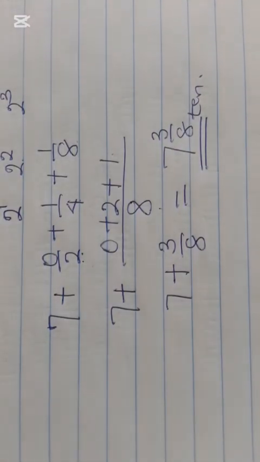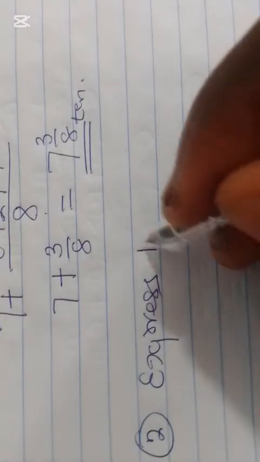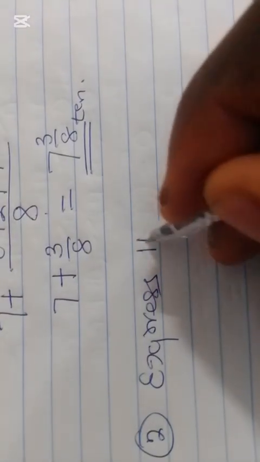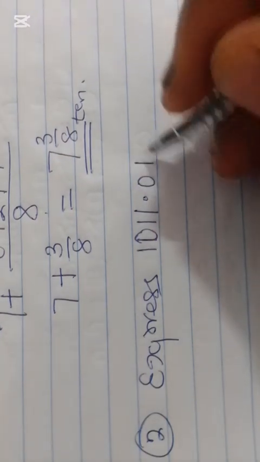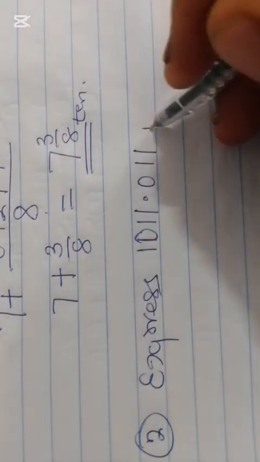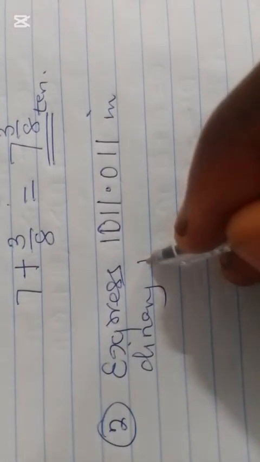Okay, I want to do example number 2. Example number 2, which says: express 1011.011 in binary number.